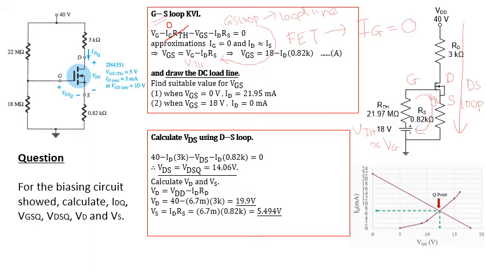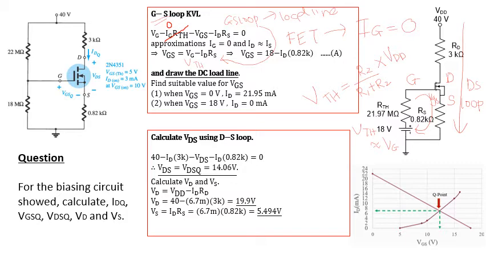We already have the value of the VTH, the one that you calculated just now: R2 divided by R1 plus R2 times VDD is equal to the VTH.